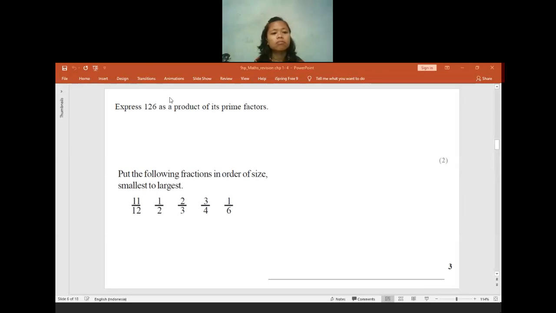2 times 3 power 2 times 7. What do you mean by product of prime? Product of prime is you make a factor tree. After you make a factor tree, whatever number you got from the branches in here, you write it as a multiplication.